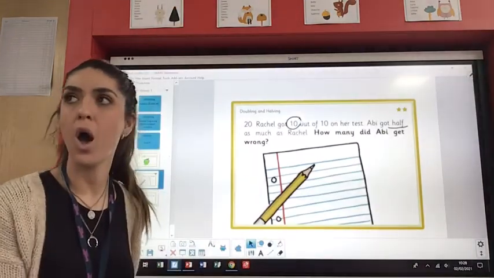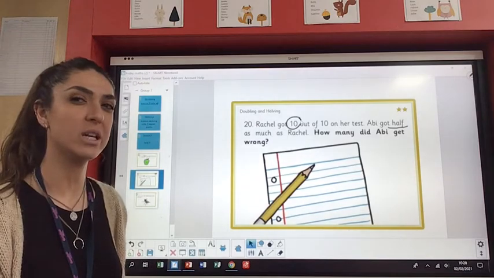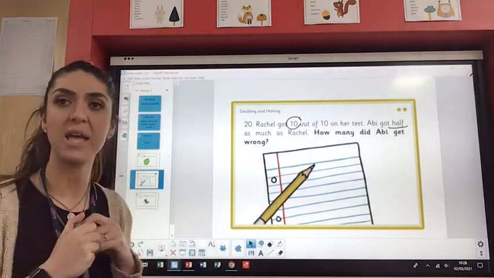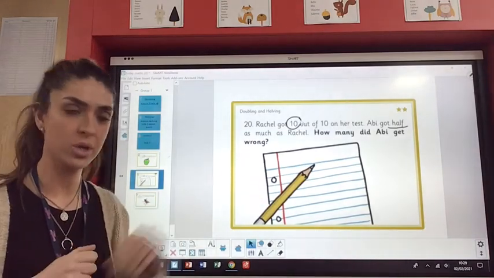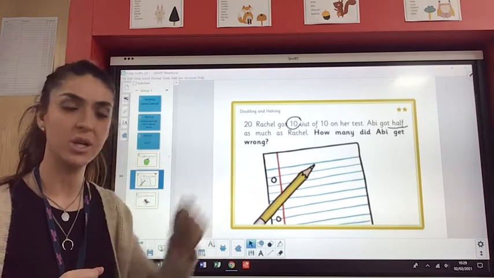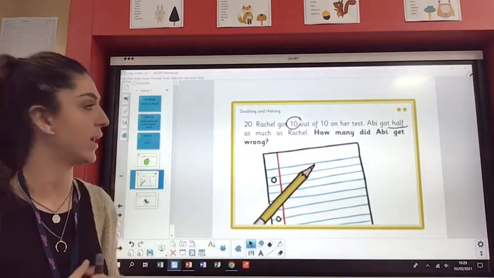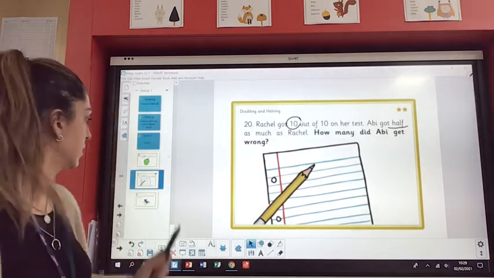So half of 10. So think about how we're looking at halving this week. Maybe you could use the one for me, one for you technique if you can get some objects. Or maybe you could draw 2 people on your whiteboard and halve 10, draw some marks and halve 10 that way. So we want to find half of 10 for this question.